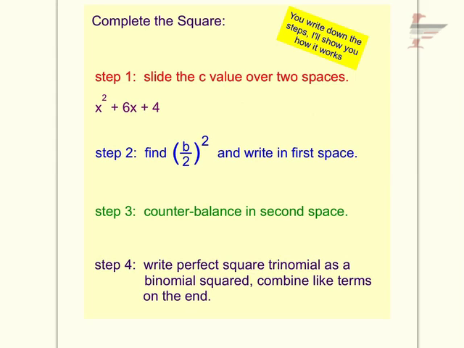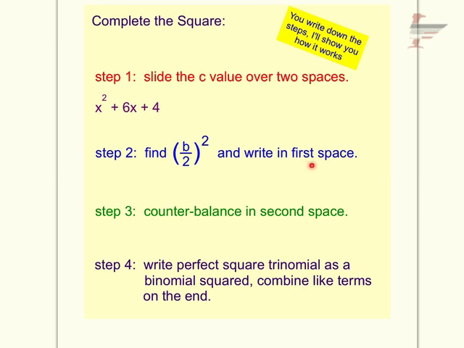Here are your steps for completing the square. You definitely want to have this down in your notes. I will go through an example with you to make sense of it. But first, step 1, you're going to slide your c value over 2 spaces. Step 2 is you find your b value divided by 2. We were doing that on the last slide. And then you square it.